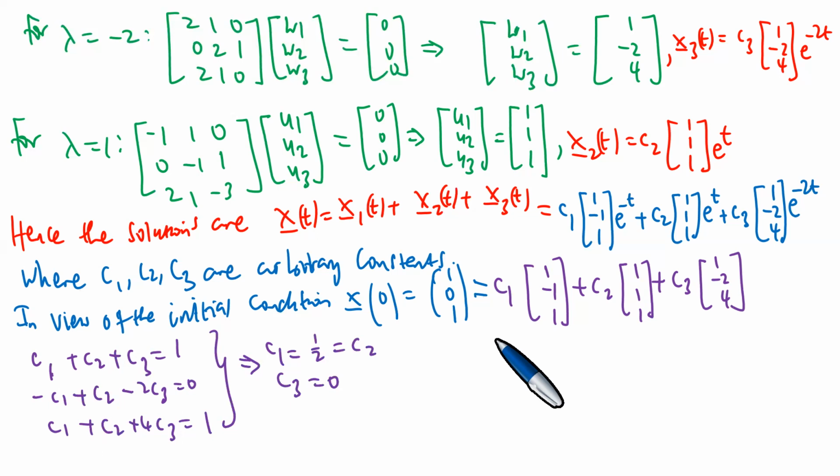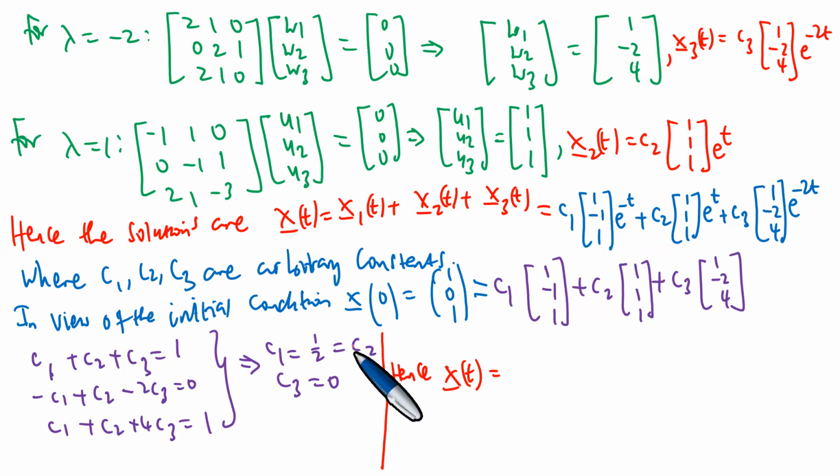And after we use the Gauss-Jordan elimination method, I'm going to write the final answer to this. So now the final solution is as follows. So hence x of t. Okay, so you come here now, like so. You substitute everything there.